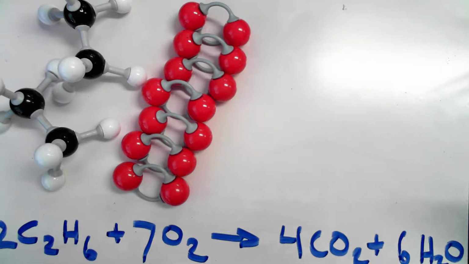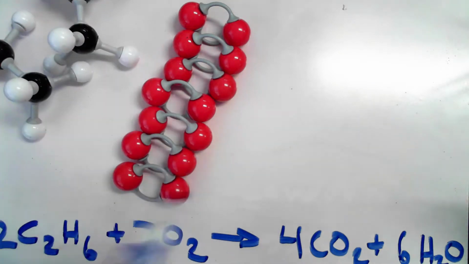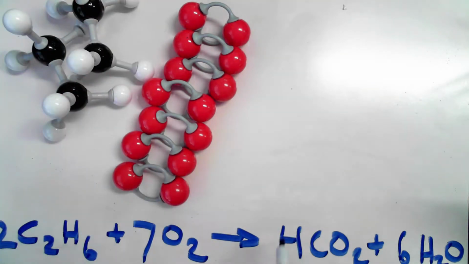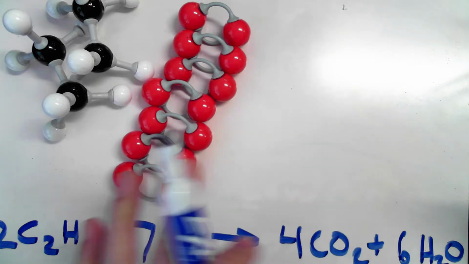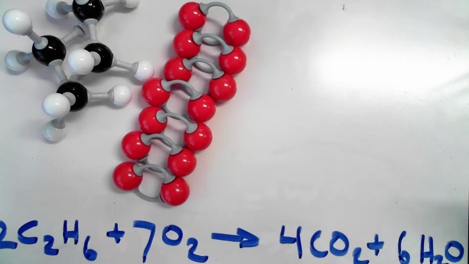Okay? We have 2 of those, and now we know that it's going to take 2 of those C2H6 molecules and 7 O2 molecules to react completely with each other and form the 4 CO2 and 6 H2Os over here without having any atoms left over. Nothing is left over, nothing's left unreacted, right?